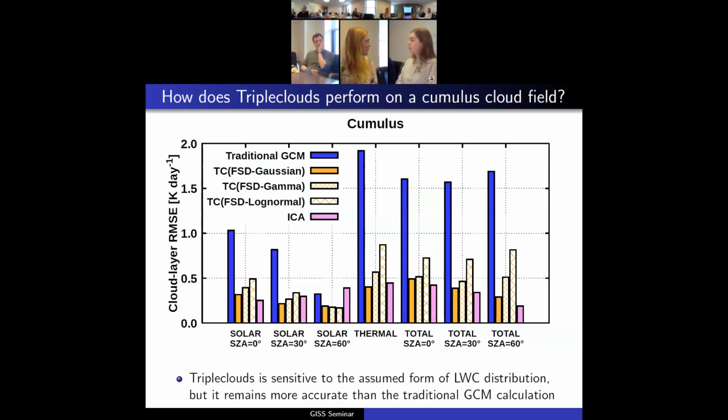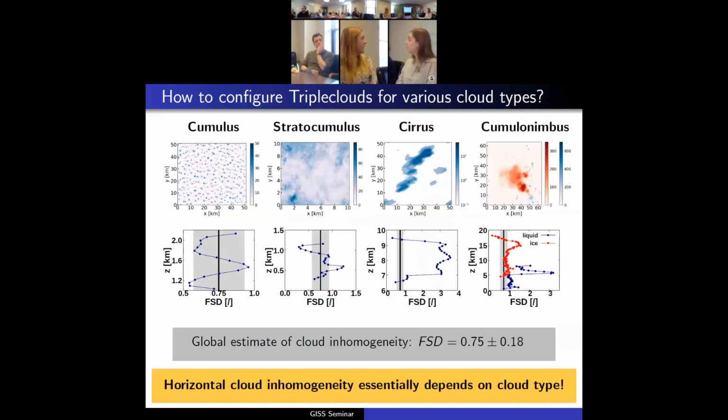assumption of distribution. And so in the next step, I asked the question, how does the method work for various cloud types, and how to configure Tripleclouds for various cloud types. In addition to the shallow cumulus cloud field case study that we've analyzed, and is again visualized here on the left, I have also analyzed cases of stratocumulus, cirrus, and cumulonimbus.